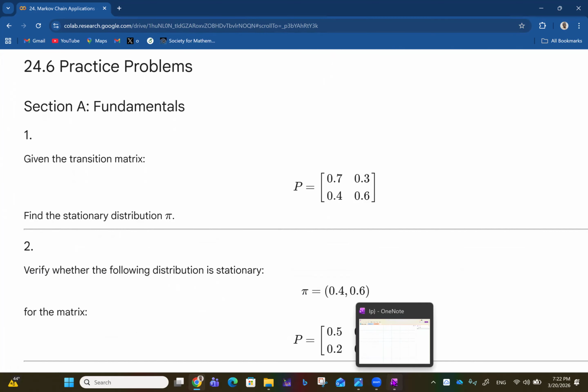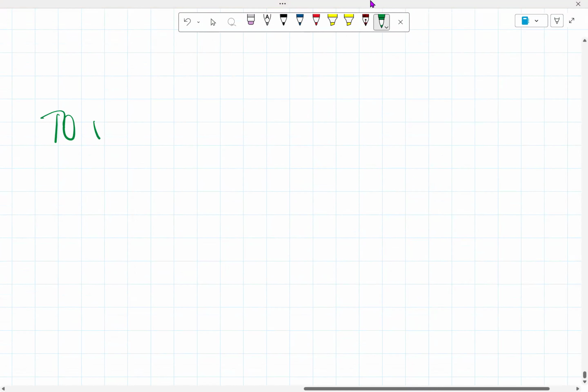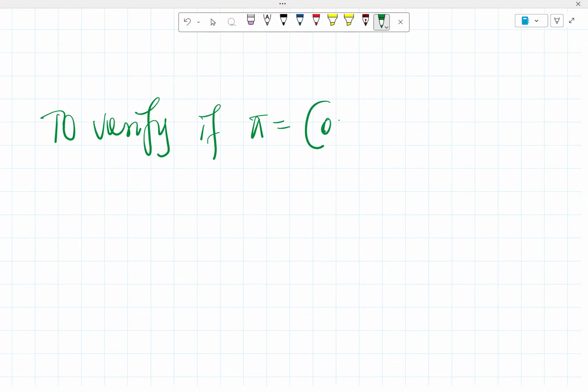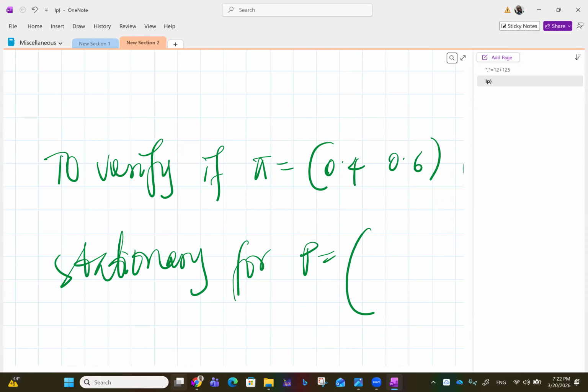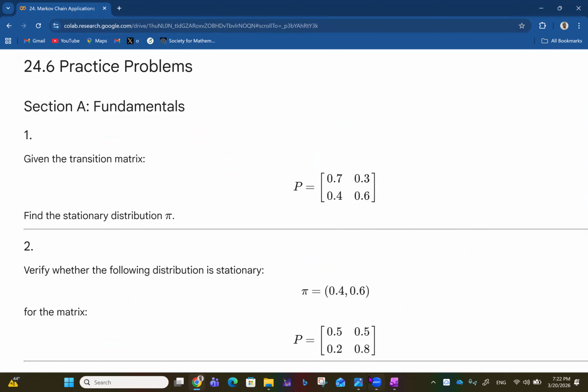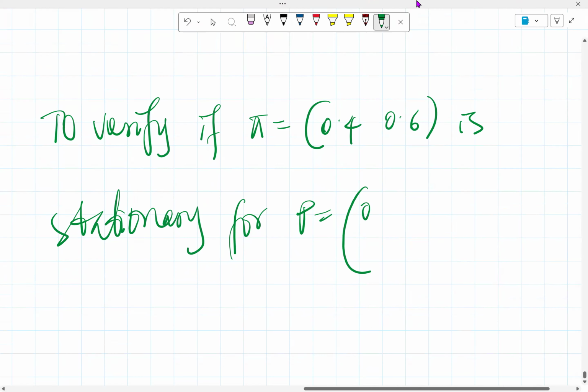So the matrix P has rows 0.4, 0.6 and 0.5, 0.2. To verify if pi equals 0.4, 0.6 is stationary for P, the second row means this is 0.5 and this is 0.8.